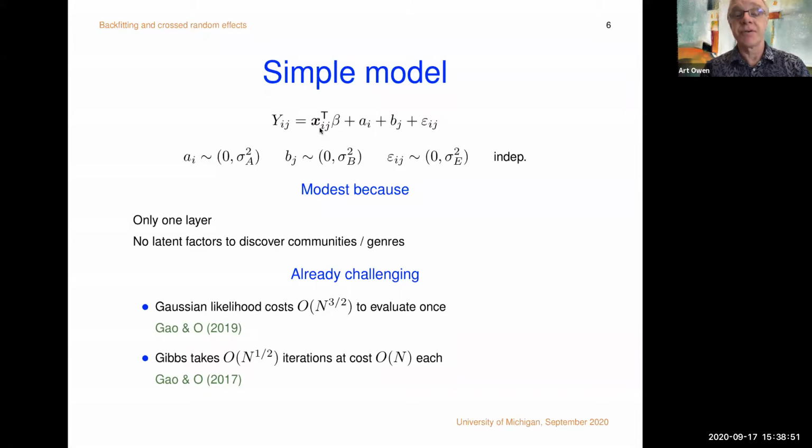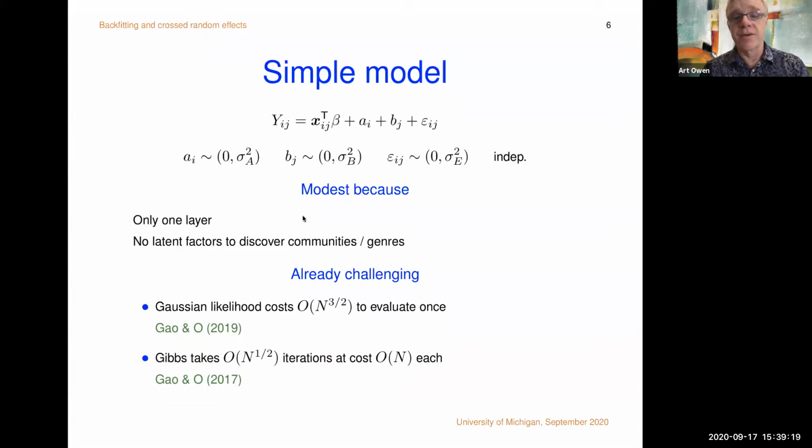We have features; the feature can depend on the customer, the product, or both, and a regression coefficient beta. Then we put in a random effect for who the customer is, a random effect for what the object is, and a noise term. And let's just suppose those are all independent, mean zero, with variances sigma_A squared, sigma_B squared, and sigma_E squared.